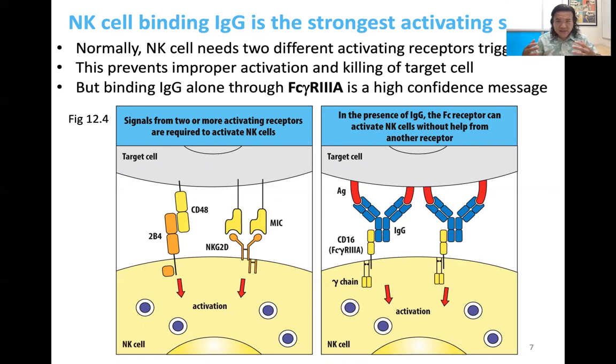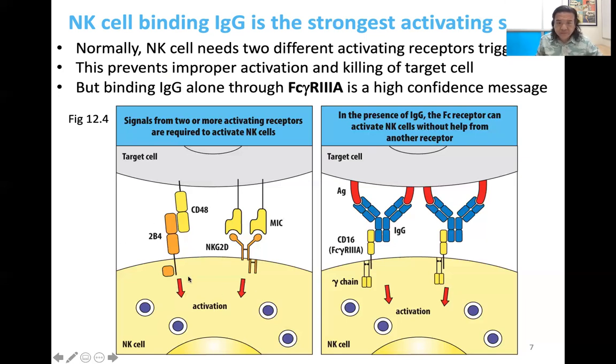And not wanting to just freak out and activate against something just because one of its types of receptors on its surface detects something. Because otherwise you'd have the NK cell going around in your body killing a lot of perfectly normal, healthy body cells, right? So usually an NK cell needs to see signals from at least a couple of different types of activating receptors on its surface.